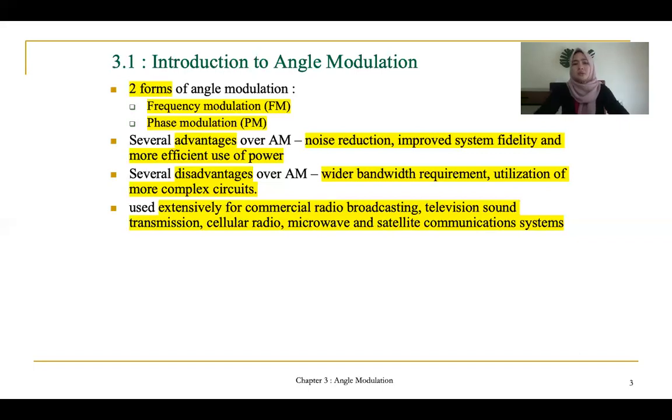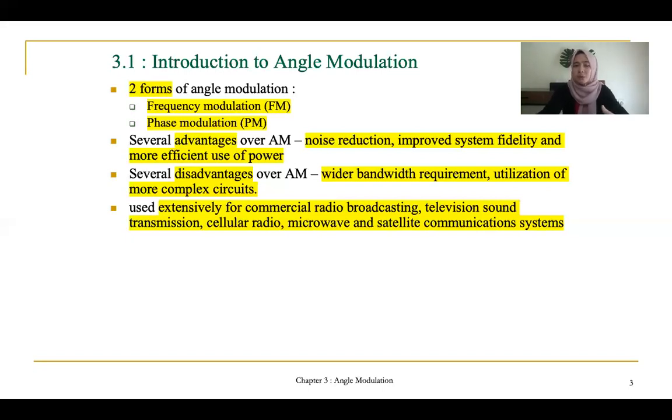However, it still has several disadvantages compared to amplitude modulation. The first one, it uses wider bandwidth, and then it utilizes a more complex circuit. You need to know that when you deal with a more complex circuit, automatically you will deal with a higher cost.